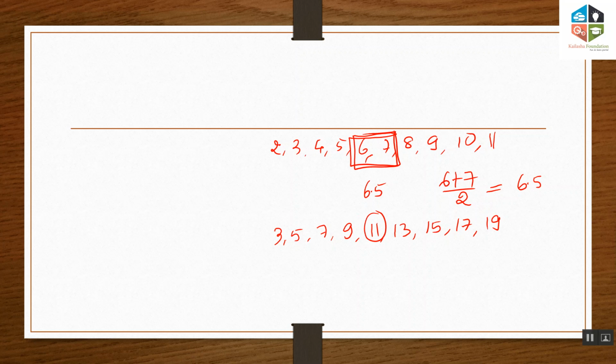Now our middle term is 11. 9 and 13 are equidistant from it. The sum is 22 and the mean is 11. That is equal to the average of the AP.